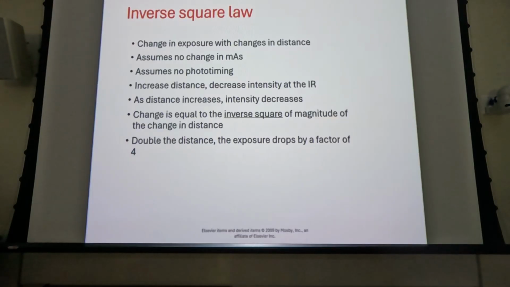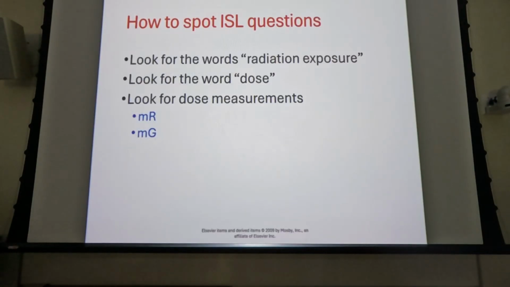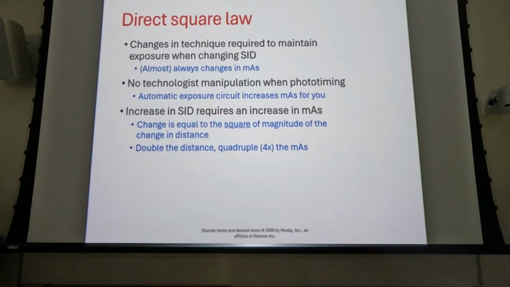Because of the inverse square law, because we lose exposure at the image receptor as we increase SID, we have to introduce the direct square law. The direct square law, or the density maintenance formula, is how much of a change in mass you need to compensate for that increase in SID. So you increase your SID from 40 to 80 inches, you lose your exposure at the image receptor by a factor of 4, so then you need to increase your mass by a factor of 4, right?